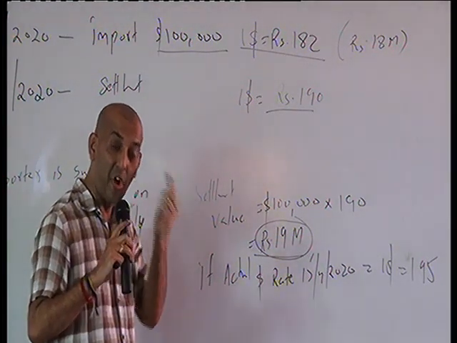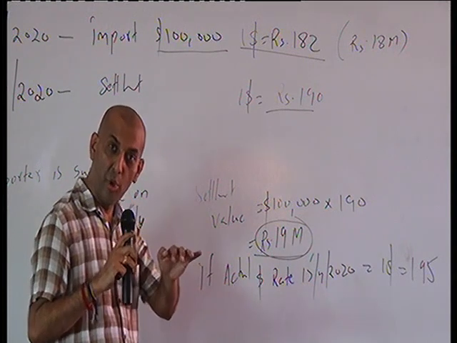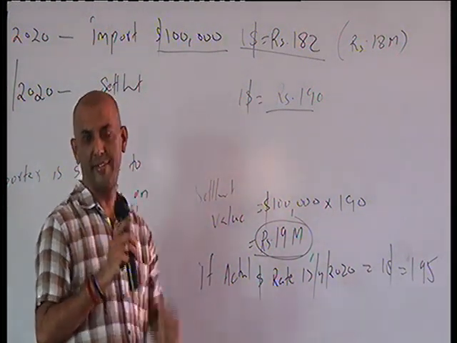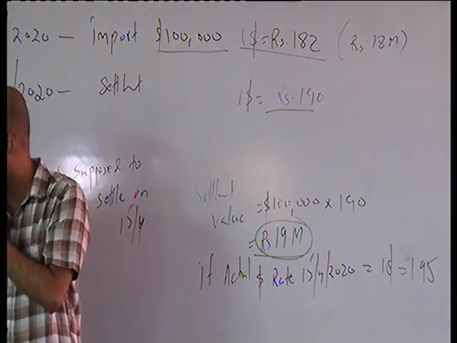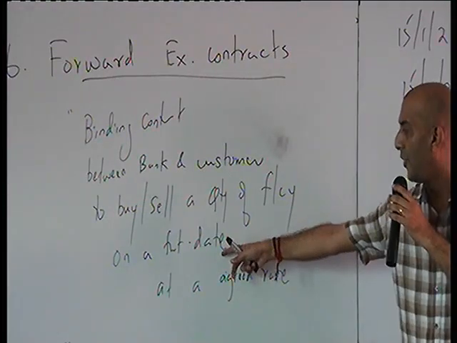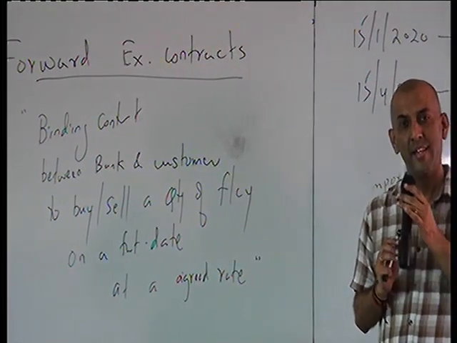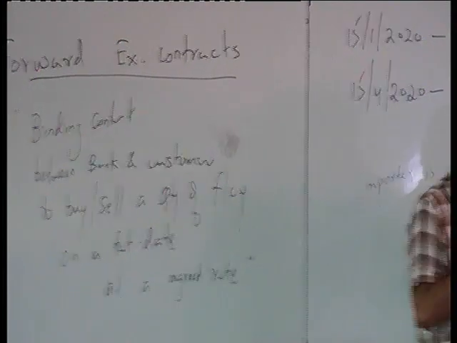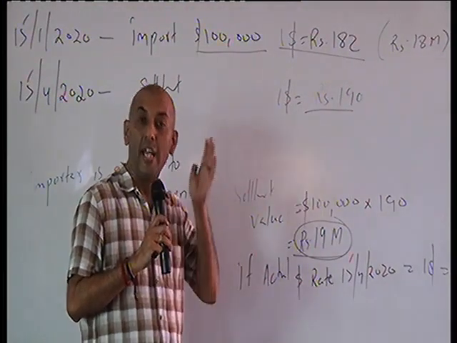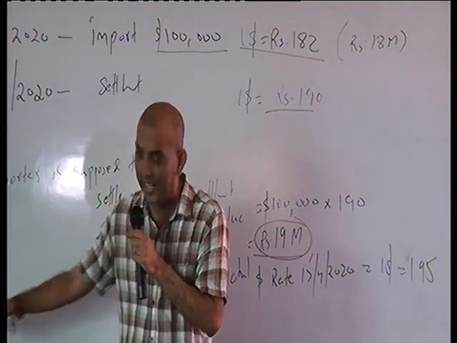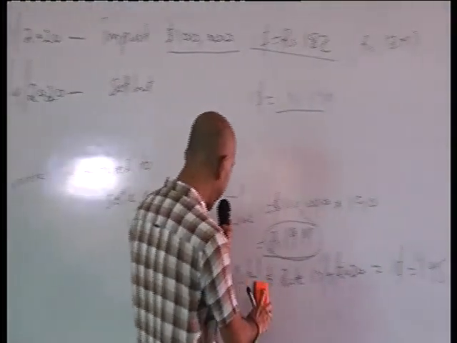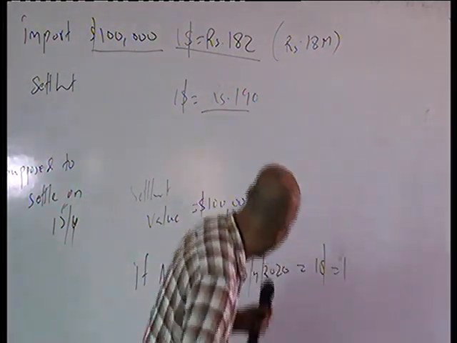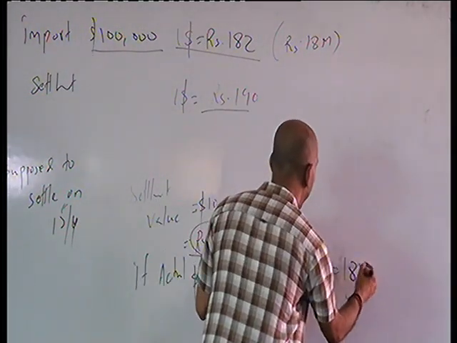So the forward exchange contract helps you as well as the bank to agree on a rate for a future date. That's what I said: agree on a date, rate, future date. Only thing you are agreeing, and it's a binding contract. Say your actual rate is not 195, your actual rate is 185.